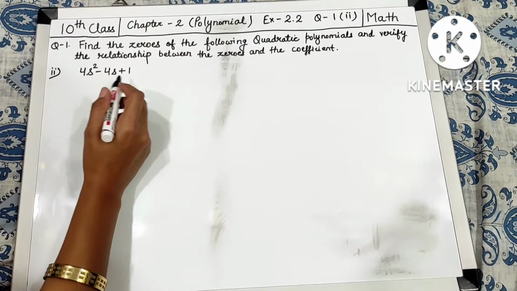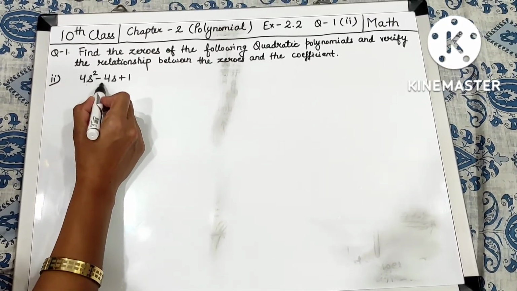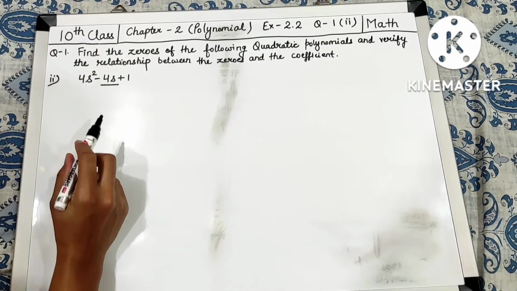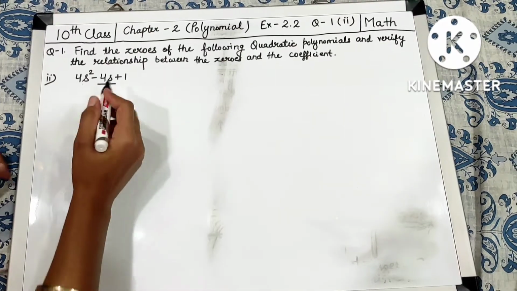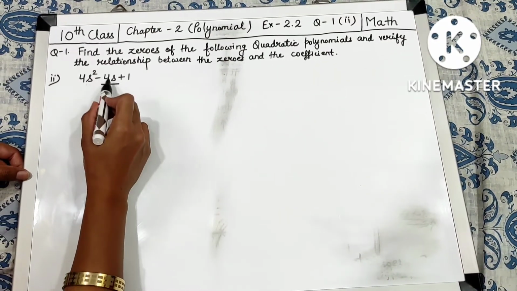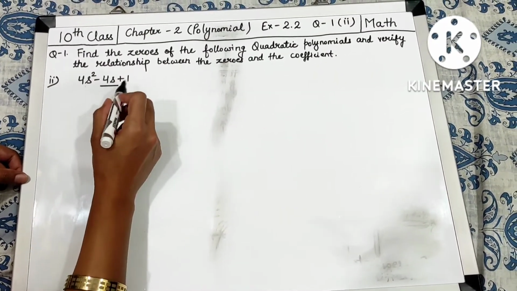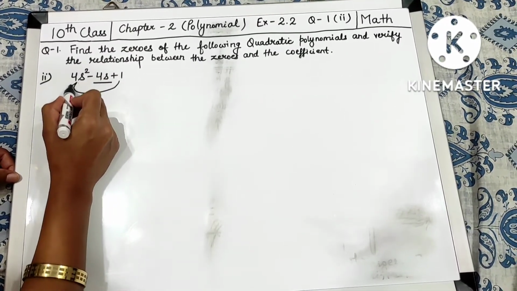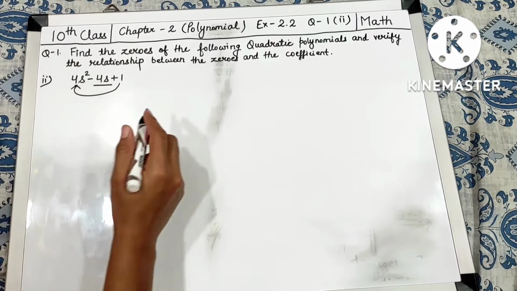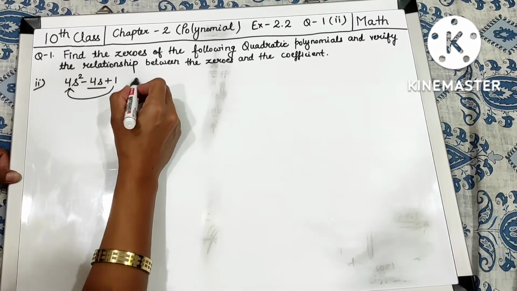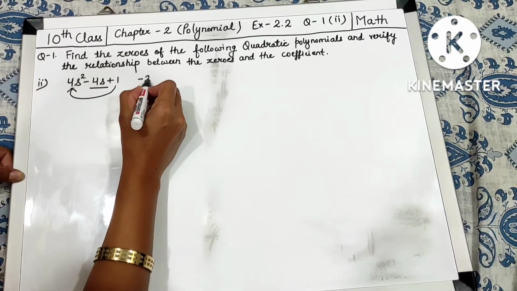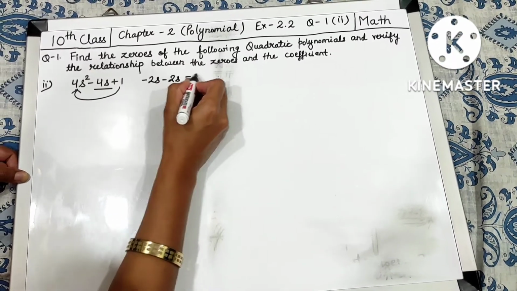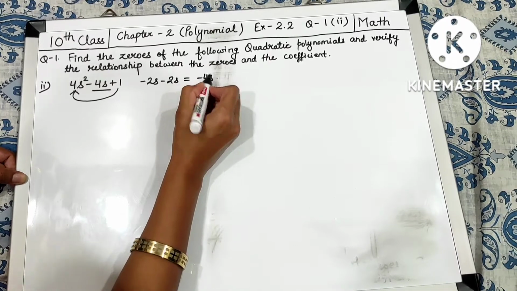So in this question, firstly we will make factors of 4s, and the factors should be such that their plus or minus gives 4s, and if we multiply the factors then the product will be equal to the product of these two numbers. So factors, like if I take minus 2s and minus 2s, then it will be minus 4s.